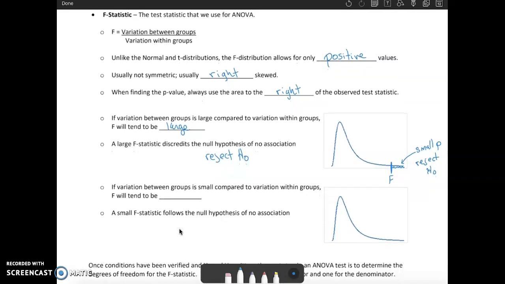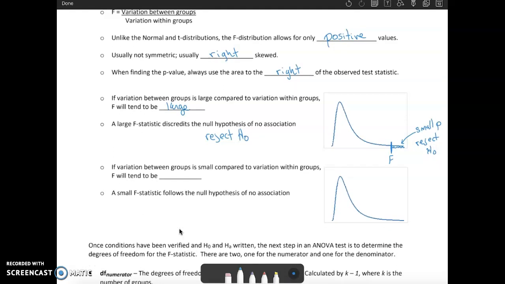Then on the flip side of that, if the variation between the groups, the numerator, is small compared to the variation within the groups, the denominator, then F will tend to be small. If you have a small numerator and a large denominator, then that creates a small number. This would follow the null hypothesis of no association, and this would lead to a fail to reject H sub naught situation.